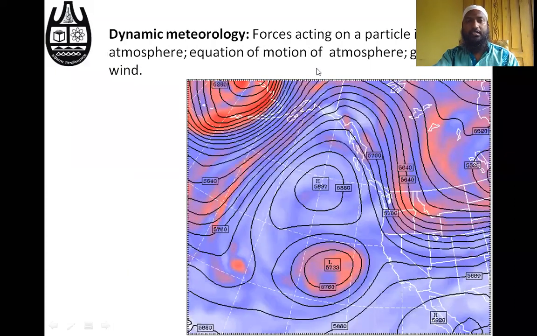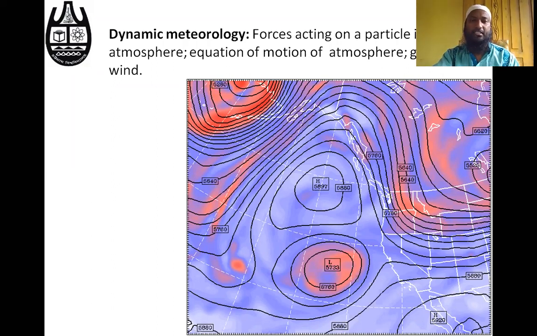In the next class, we're going to discuss dynamic meteorology. Dynamic meteorology deals with the forces reacting on a single particle, like an atom. So one droplet of water, or one molecule of the air, how it is impacted by different forces.